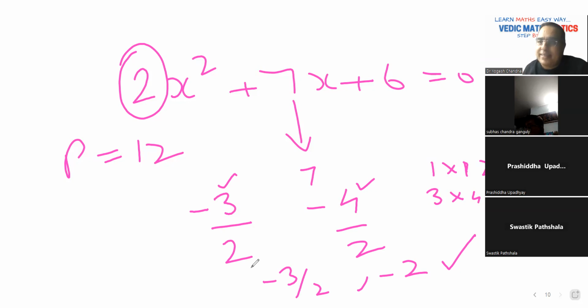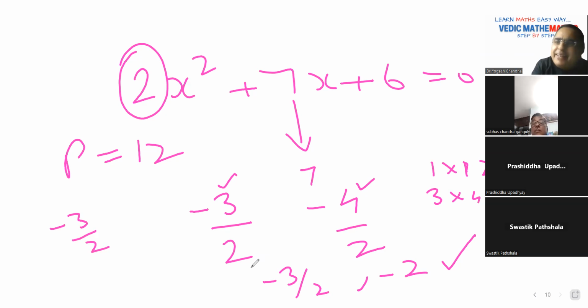Now, did you understand? Yes. So again, if you want the factors from here, -3 by 2, the denominator is always multiplied with the x, because this is like x is equal to.